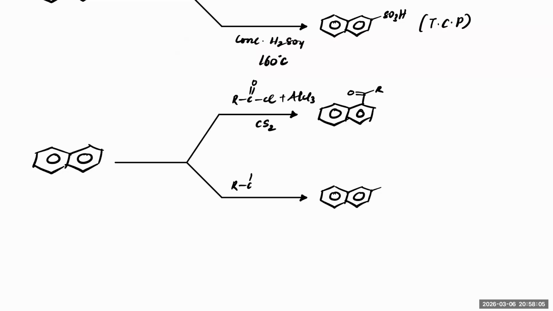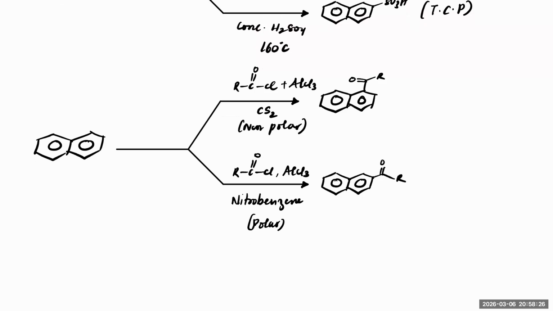But if you do the same thing, RC double bond OCl with AlCl3 in the presence of nitrobenzene, see, nitrobenzene is polar. So when you put it in polar form, then you will get this at the beta position. This is non-polar and this is polar. So please do remember it like this. You don't have to analyze so much about why that will happen, but just observe it. If it is given as polar and non-polar, accordingly you substitute them.